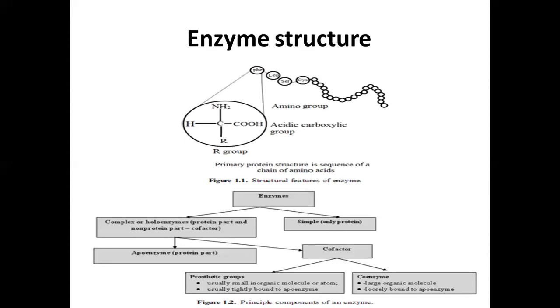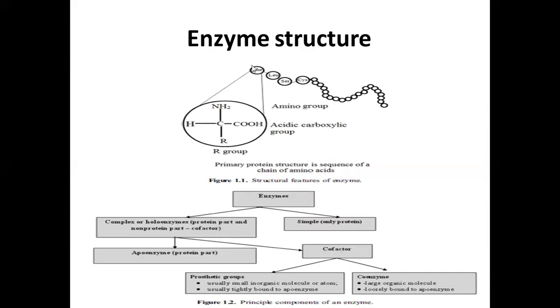Then we have the complete folding of the molecule, and that's what we call the tertiary structure. This is just a revision of the previous lesson. The quaternary structure is the agglomeration of several folded polypeptides coming together.